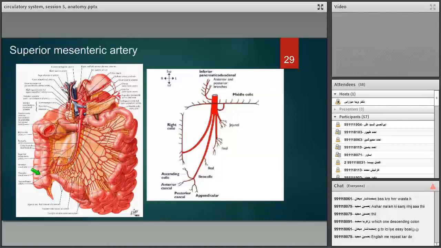The other branch, which is deriving from the right side of the superior mesenteric artery, is called the right colic artery for the ascending colon. And the last branch is the middle colic, which is sending the arteries for the transverse colon. Okay? Any question till this part?